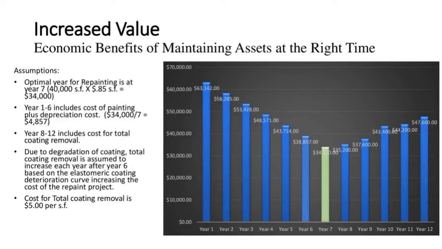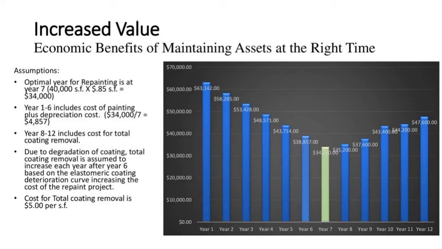So there's an obvious economic benefit to maintaining assets at the optimal time, and this is what this slide is trying to illustrate. In this example, the graph shows the optimal maintenance time is at 7 years, and the maintenance cost is $34,000.